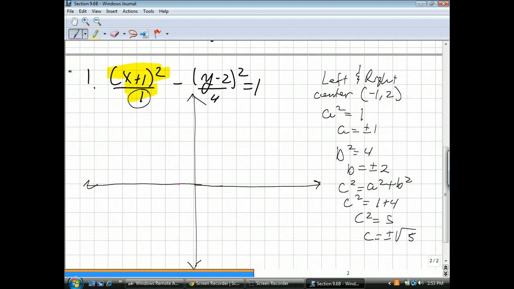We got to plot the center. So the center is at (-1, 2). Okay, so this is our center. Then from there, I'm going to go left 1, right 1, because our a value is 1, and our b value is 2, so I'm going to go up 2, down 2 from the center.